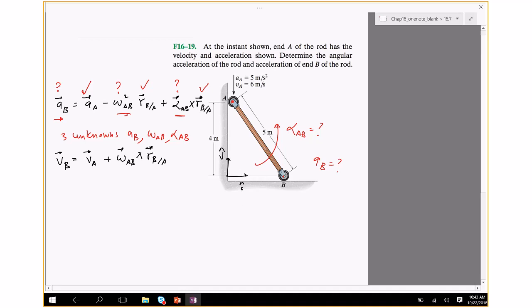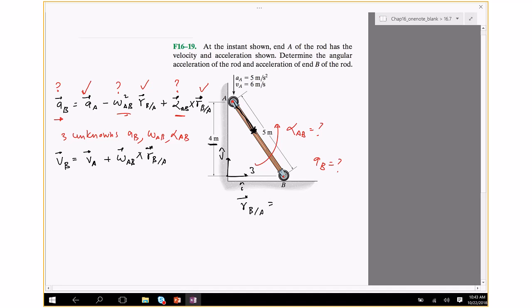Write the vector from A to B. The vector goes this way. It's easy to see that if 5 is the length of the rod, and 4 is the vertical height, then 3 meters is going to be the horizontal distance because it's a 3, 4, 5 triangle.